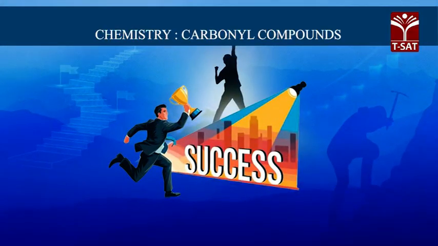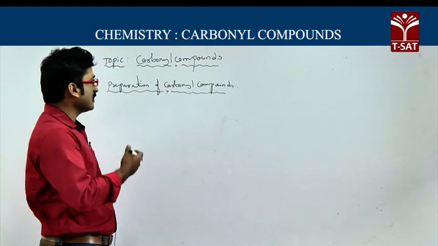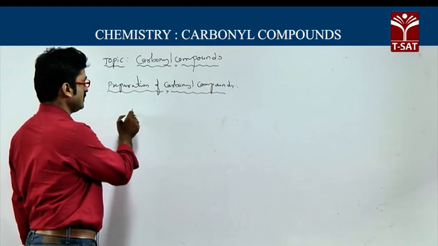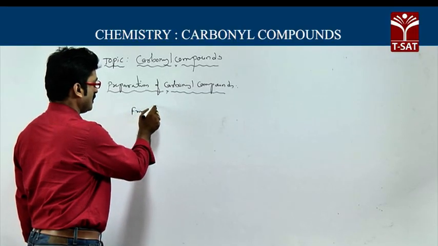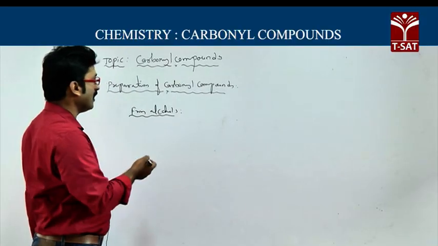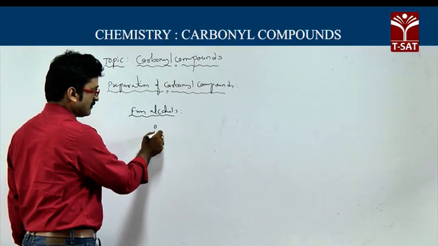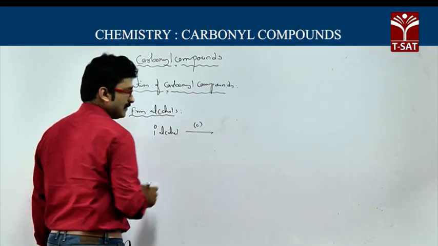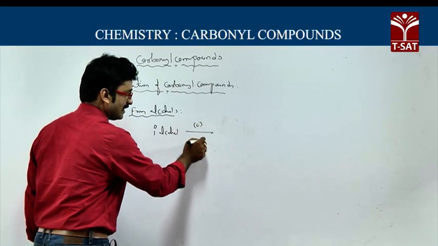We are going to discuss the preparation of carbonyl compounds, aldehydes or ketones, from alcohols. The next preparation is from alcohols. Carbonyl compounds, aldehydes or ketones, can be prepared from alcohols. Now, primary alcohols on oxidation in the presence of a strong oxidizing agent.